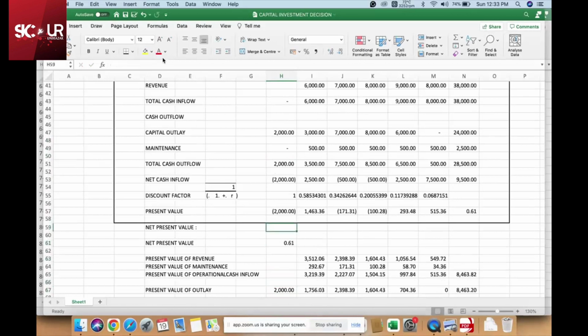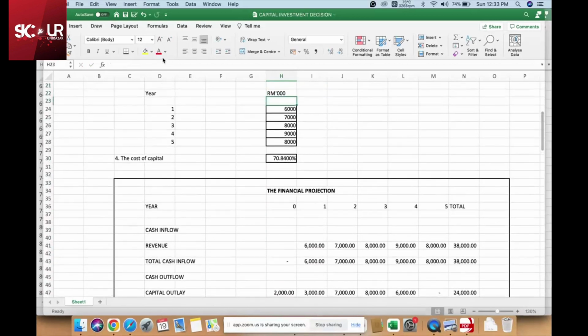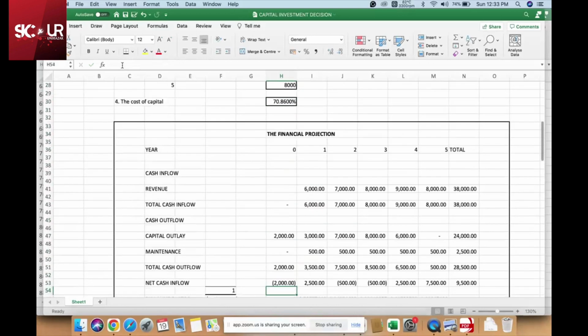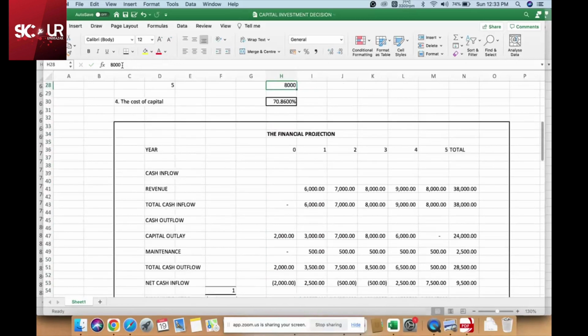It's 0.61, so it is higher. 0.86. Right. 0.08. Just a little bit more.